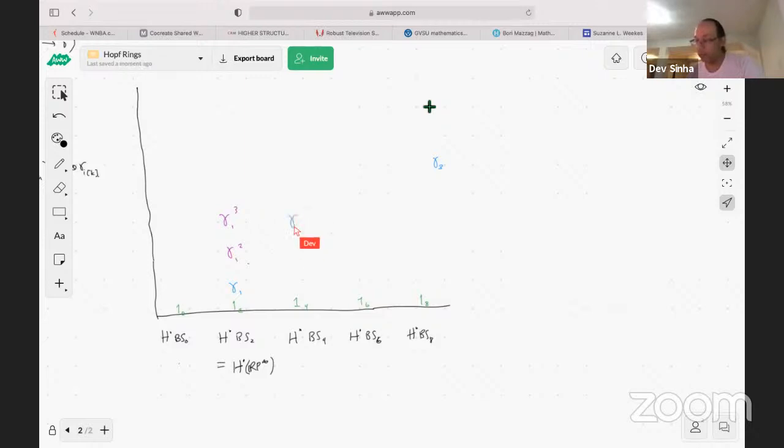So then gamma 2 lives here, and so forth. So that's cup product on RP infinity. That's the polynomial ring, and that is implied by the theorem statement. But I also just like to think of it as a starting point to understand what's going on.